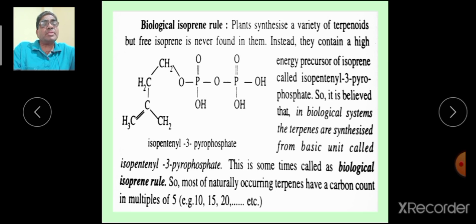This is sometimes called the biological isoprene rule. So, most naturally occurring terpenes have carbon counts in multiples of 5, 10, 15. That is, as isoprene units are built up, the number increases.